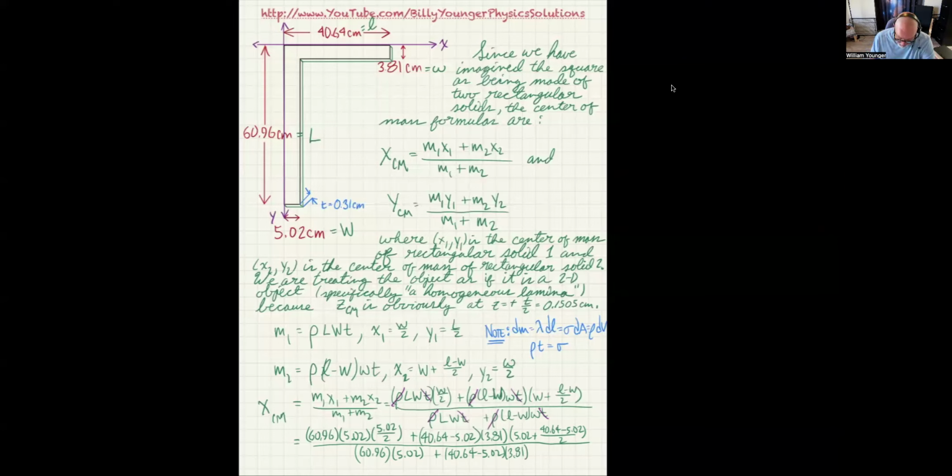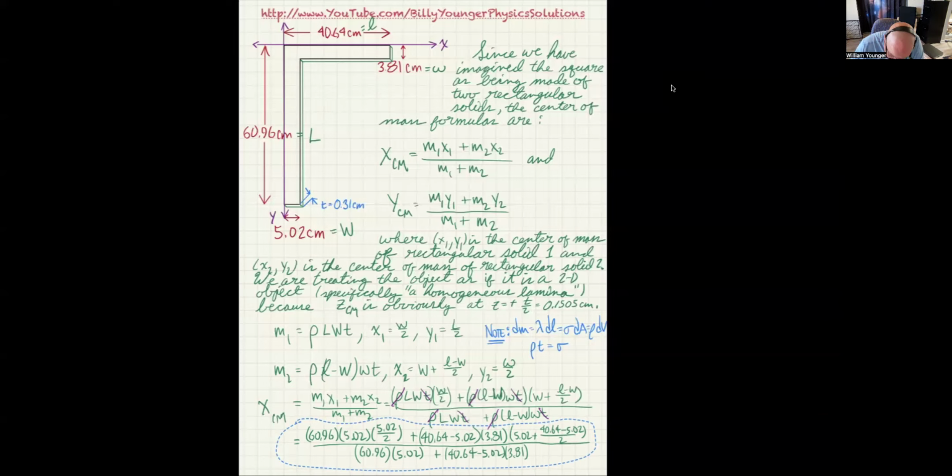Notice again, like I said, each of these terms here have units of centimeters cubed, and then these terms have units of centimeters squared. So ultimately, the result should come out in centimeters. That being said, I'm going to steal this by using my little lasso tool and copying it over to the next page.